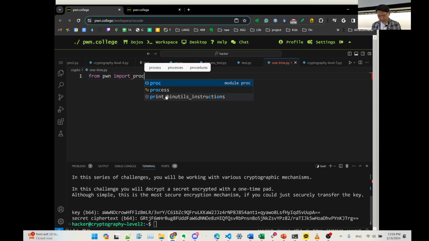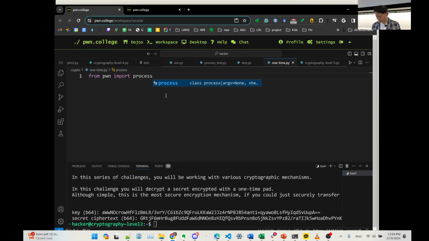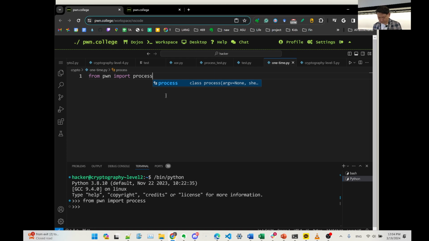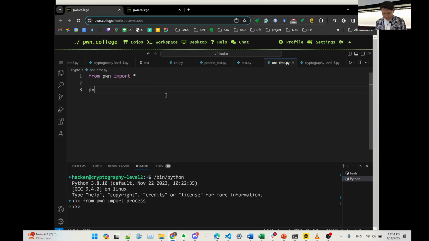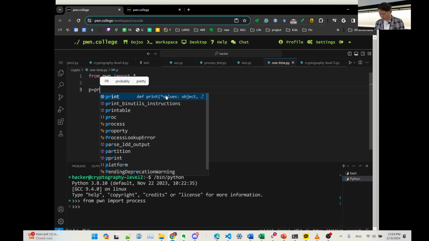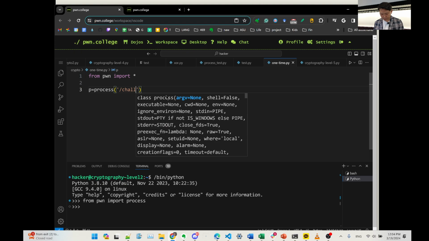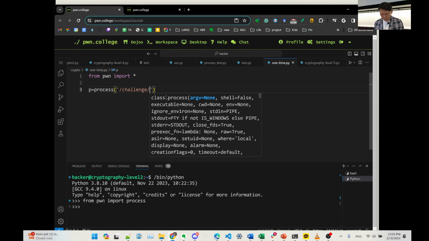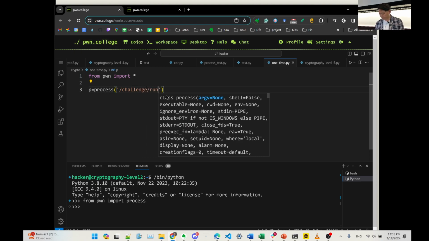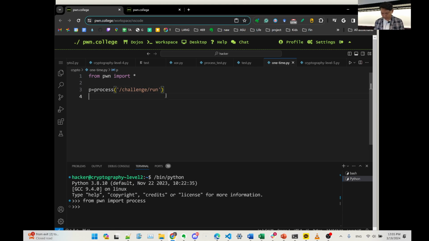Import pwn. Then use p, this is going to start the process, which runs the challenge. From this p, we can get some data.